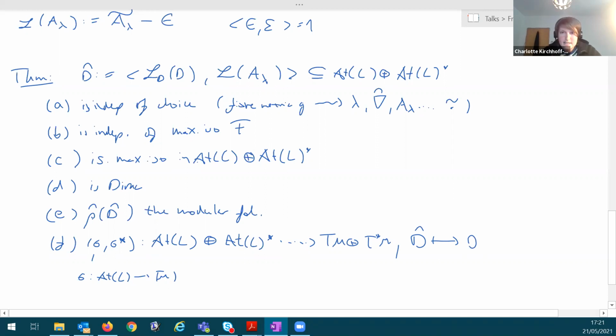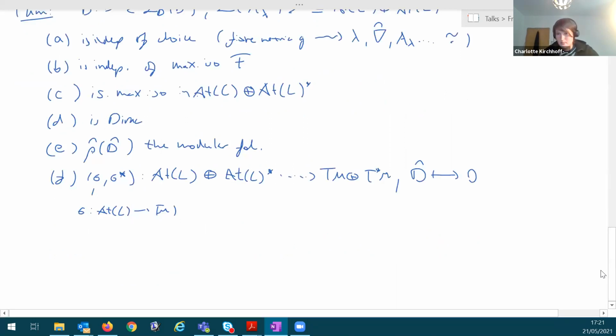So really the object that contains the full information about the modular class of a Dirac structure is not the foliation inside the tangent bundle, but is actually this upstairs Dirac structure that is analogous to the upstairs Poisson structure we looked at earlier.